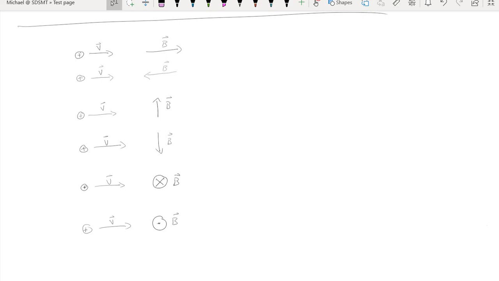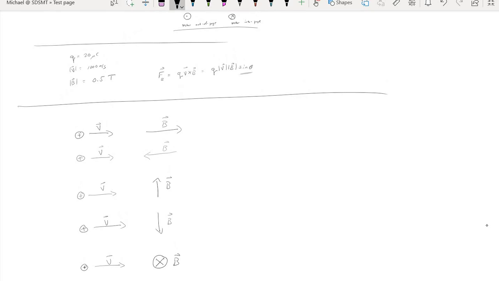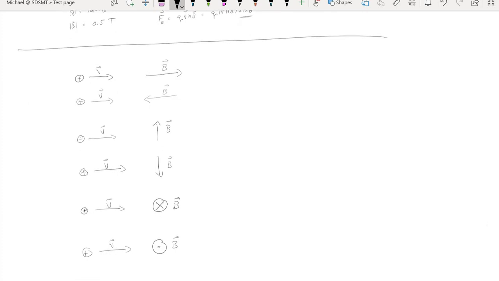Now, I don't have to consider velocities going in other directions, and that's because the only thing that I need to compare right now is this angle relationship. If I were to change the direction of the velocity vector, then I would really just be shuffling between the different orientations for field, and I would get the same outcomes in general.